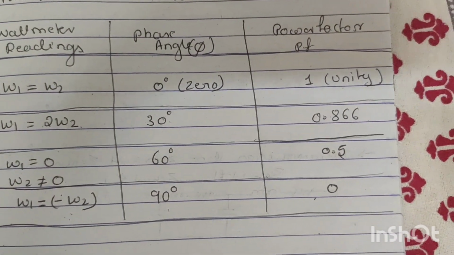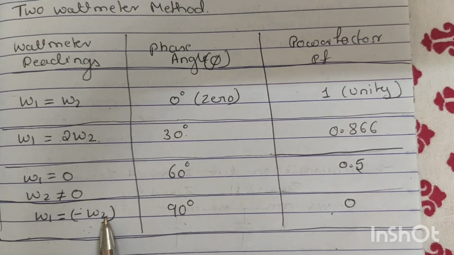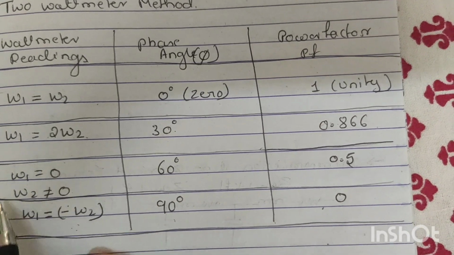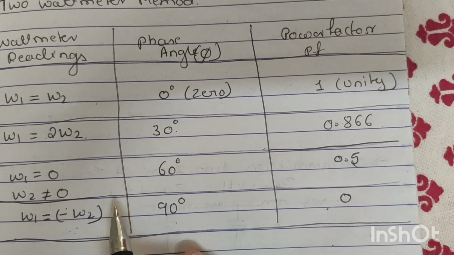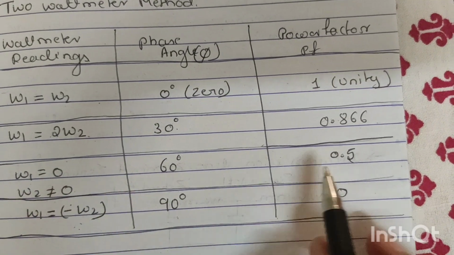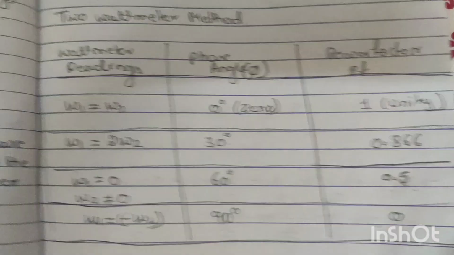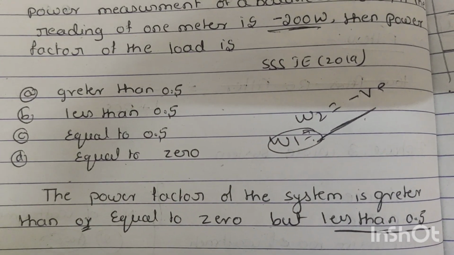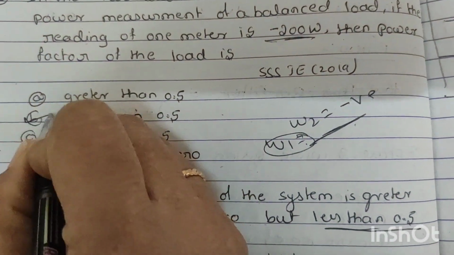So by observing options and the question, we can tell W1 is not equal to W2 in the negative way, and also W1 is not equal to 0. So it is not 0.5 and it is not 0 power factor. We can say the power factor of this system is greater than or equal to 0 but less than 0.5. So option B is the right answer.